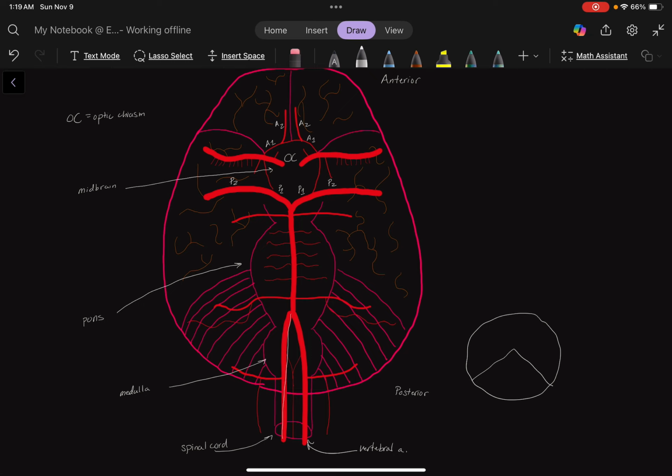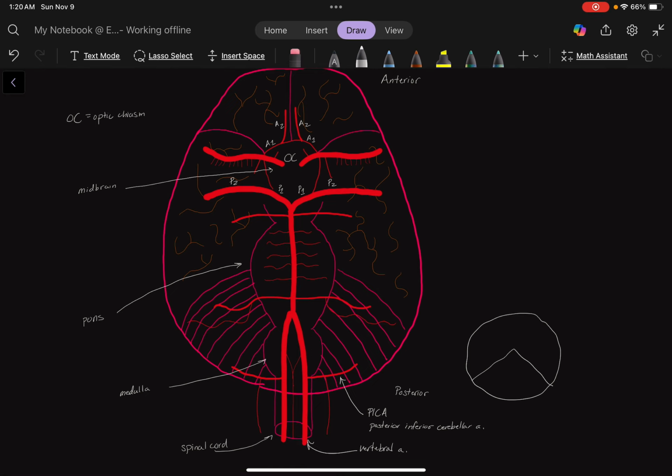As you can see, there's another vertebral artery here. And one of the branches, the most important branch of the vertebral artery, is PICA, also known as the posterior inferior cerebellar artery.